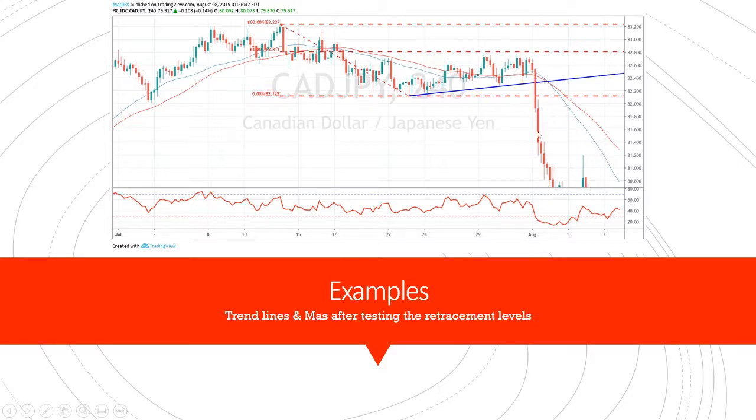From above 82 to below 81, the chart ends here at around 80.70. From 82.80 to 80.70, we are talking about 210 pips just on this move, and of course the price even moved lower later.